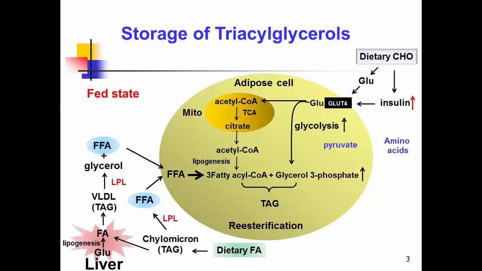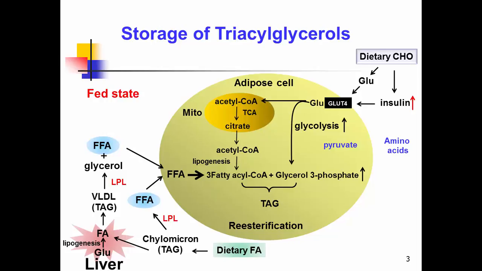Again, the liver does more lipogenesis than the adipose tissue, but adipose tissue is also able to do lipogenesis. So this is the lipogenic pathway.